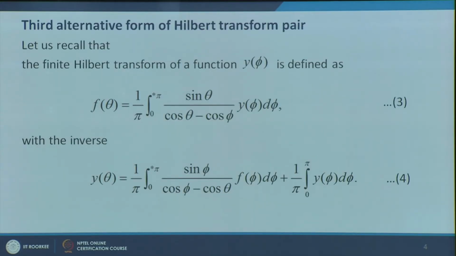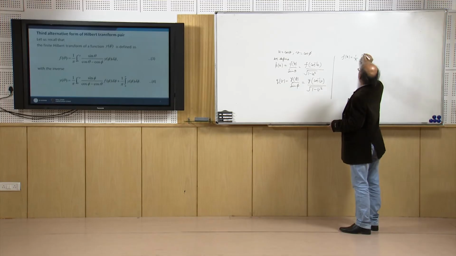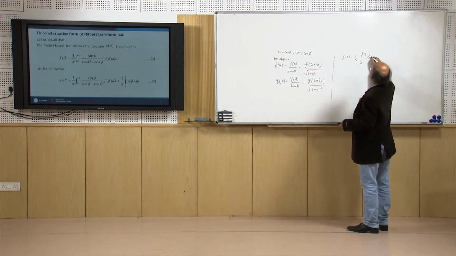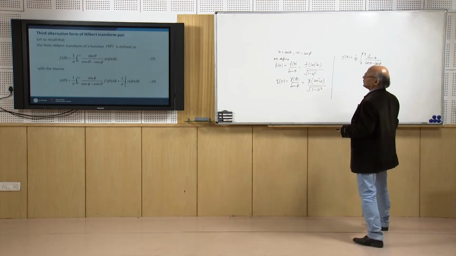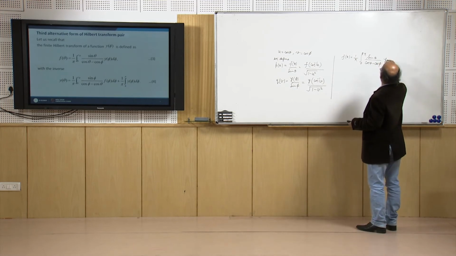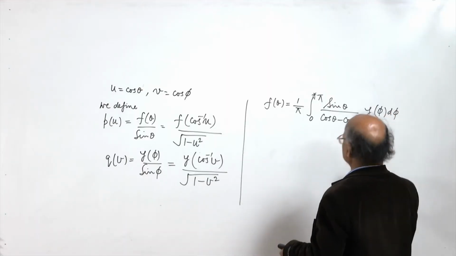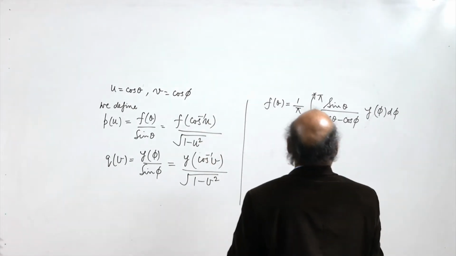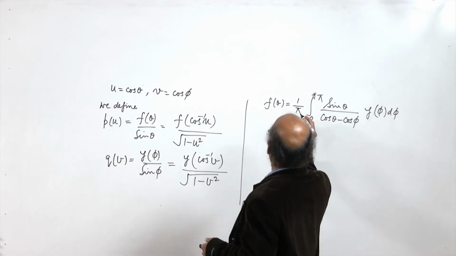This is equation number 3. So f(θ) is equal to 1/π ∫ from 0 to π sin θ/(cos θ − cos φ) ψ(φ) dφ. θ is independent of φ, so I can divide this equation by sin θ.